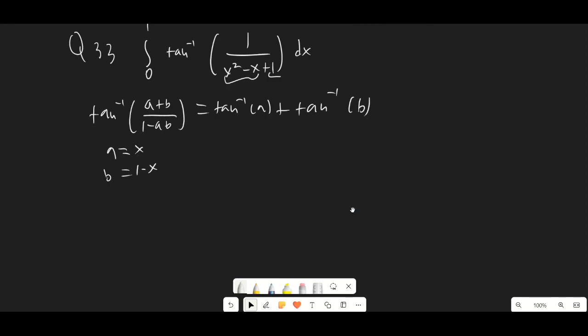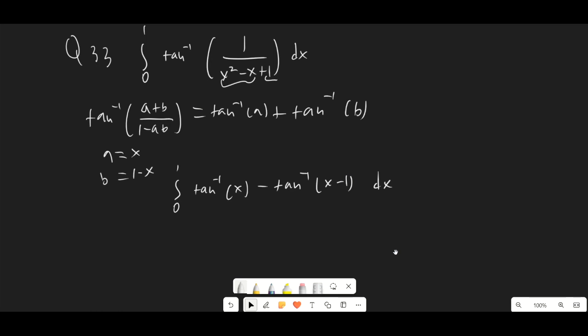So we actually have the integral from 0 to 1 of tan inverse of x plus tan inverse of 1 minus x dx. Notice that these two are the same integral, because if you substitute u equals 1 minus x, you'll get both of these equaling each other.